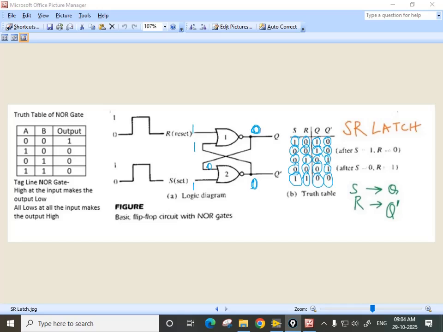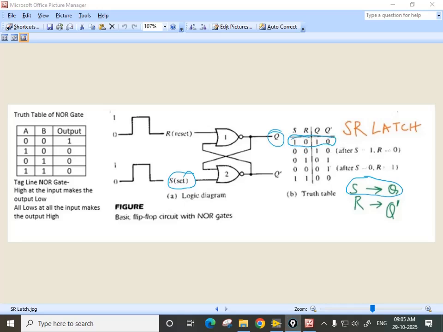So the crux of the story is, when we set S, means set is made high, then Q gets high. That is this condition, set, Q gets high.